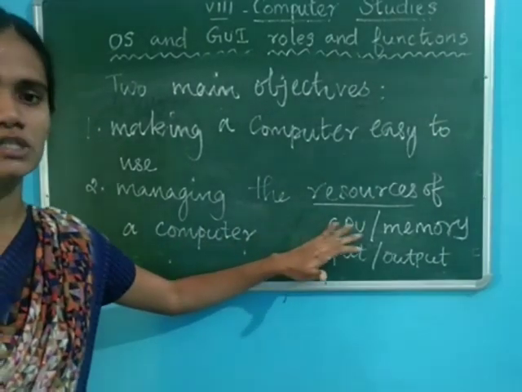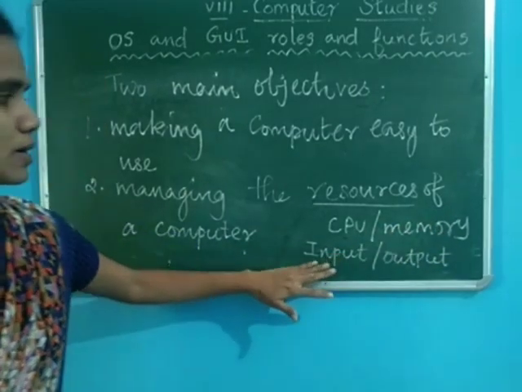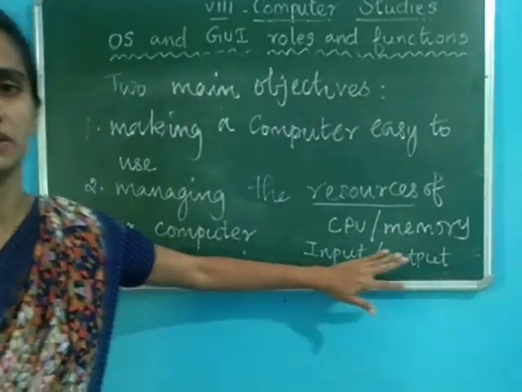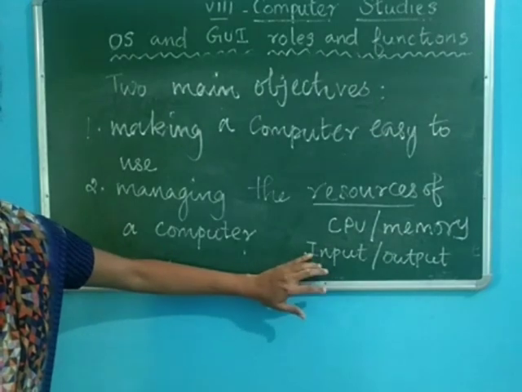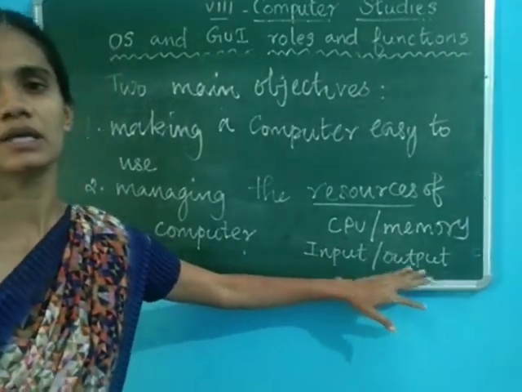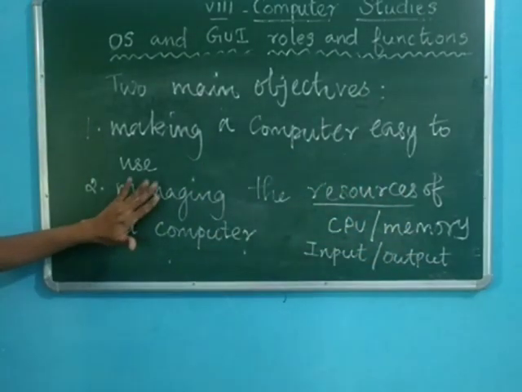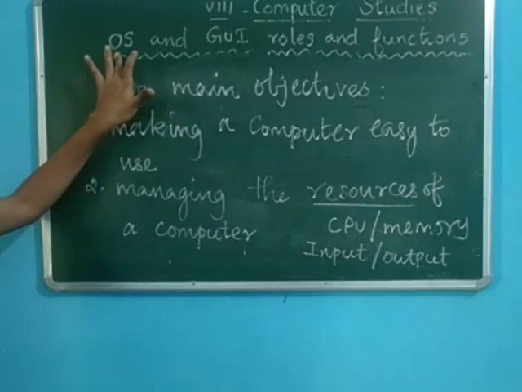The central processing unit, main memory, it allocates the locations, and then input output devices. An input device example is keyboard, an output device example is monitor or printer. All these resources are managed with the help of the operating system.